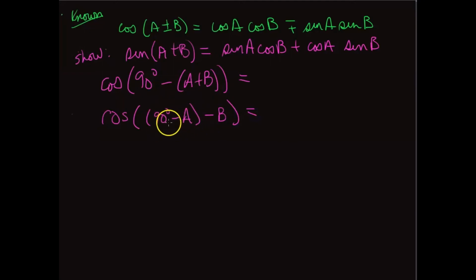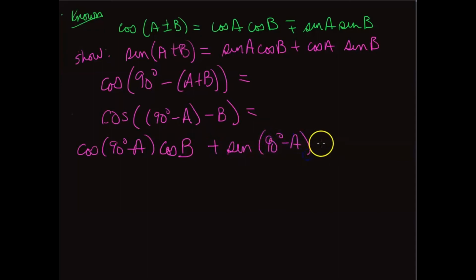So let's group the 90 minus a stuff. And now you've got the cosine of a difference. So it's the cosine of the first, that's 90 degrees minus a, the cosine of the second, b, with minus its plus, the sine of the first, sine of 90 degrees minus a, the sine of the second, which is b.